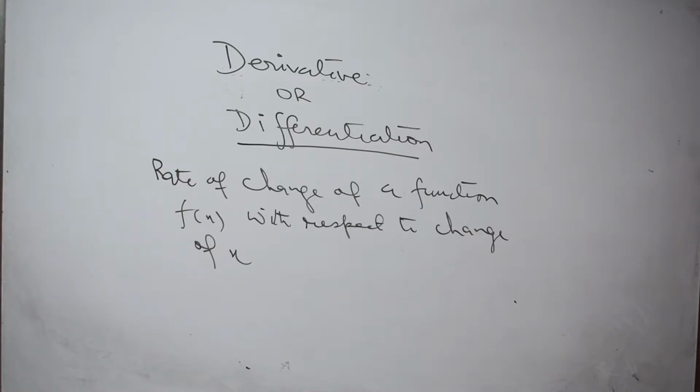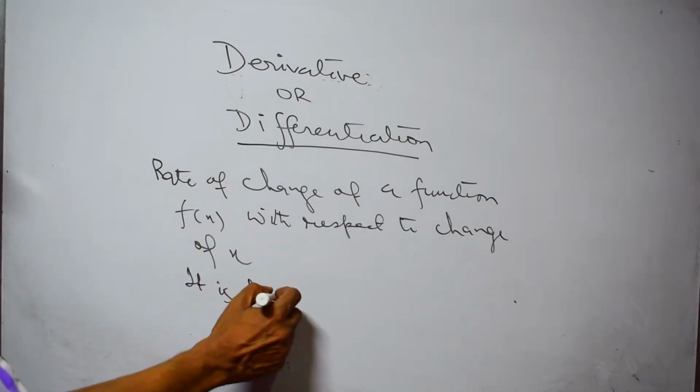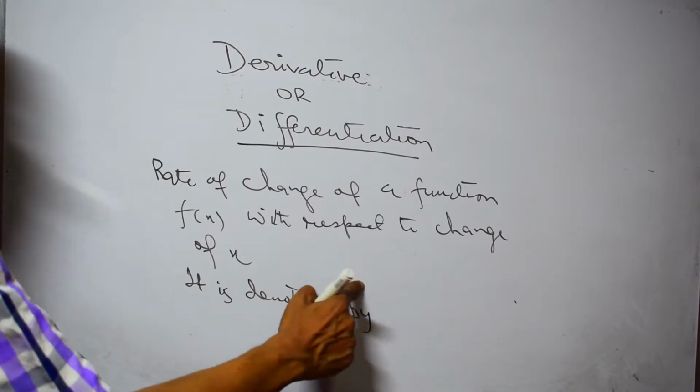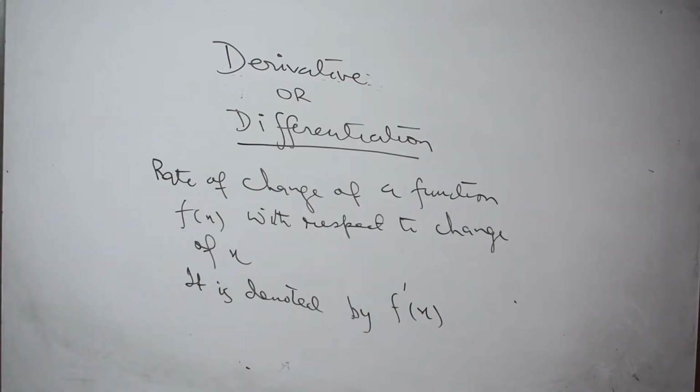Here we denote the rate of change of f(x) with respect to x by f dash x. That means when we notice any dash over the function, we understand that this dash means the change of f(x) due to change of the value x.